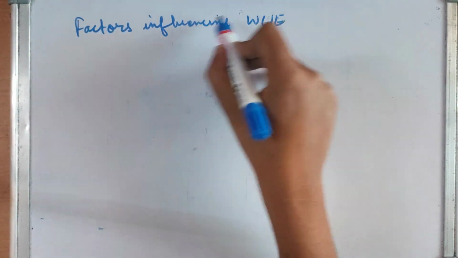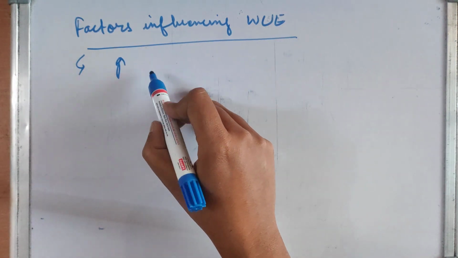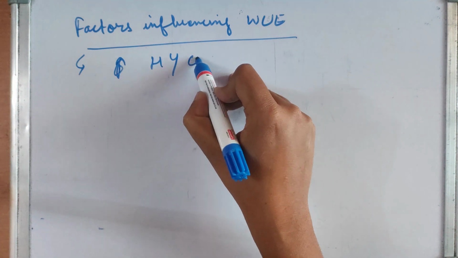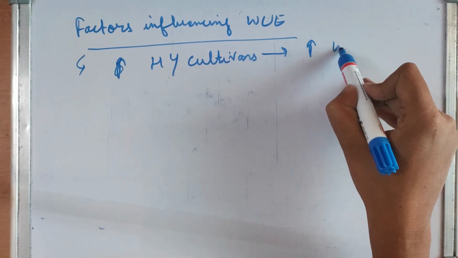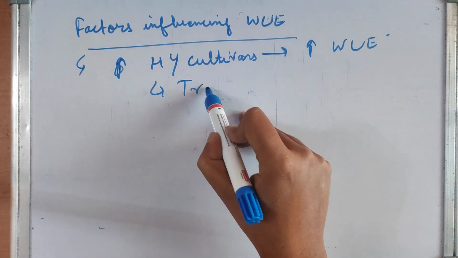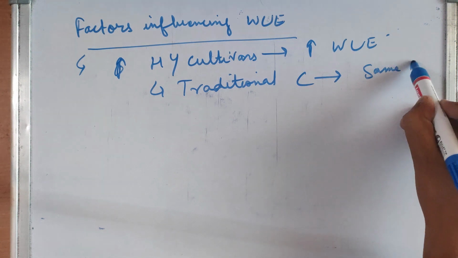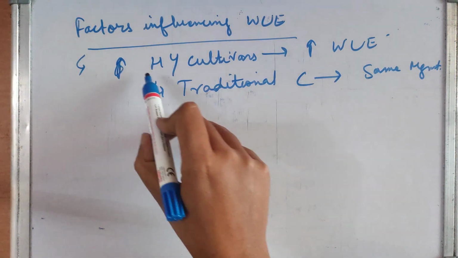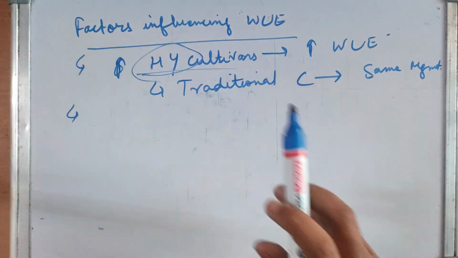First of all, high yielding cultivars or crops have high water use efficiency compared to traditional cultivars under the same management, because they are stronger and use a high amount of water.